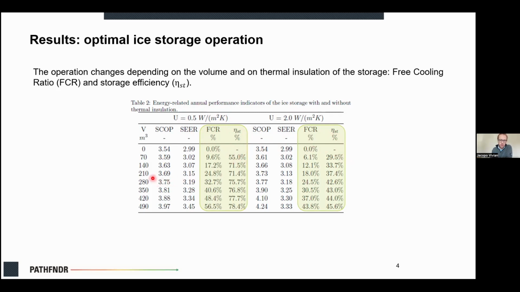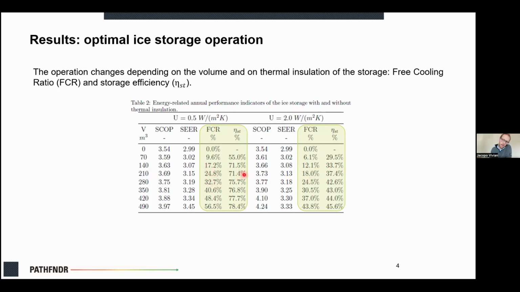For example, if you compare 37% seasonal efficiency to 71%, it means that if you insulate the storage, you increase the seasonal efficiency by twice. But if you look at the free cooling ratio, the increase is not as such, because you have an increase from 18% to 25%.